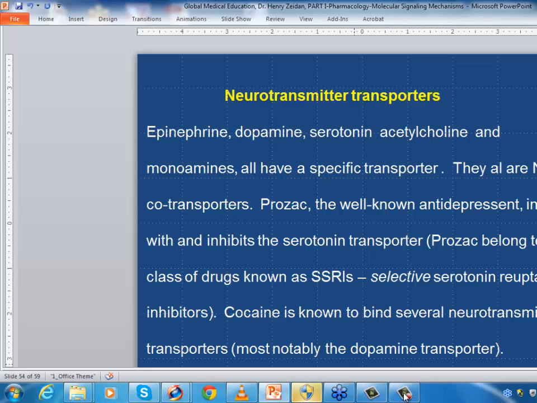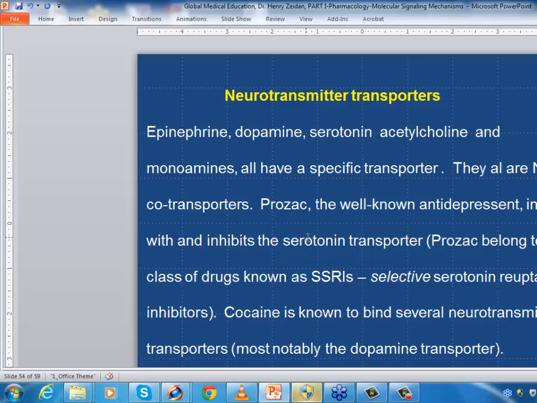So to make the long story short, I listed here, and I actually put it again for you as a reminder. You are dealing with adrenergic receptors here, muscarinic receptors. You're dealing with neurotransmitters that you're going to see in the parasympathetic nervous system and sympathetic nervous system. You're dealing with coupling of ion channel, sodium-potassium cotransporter.